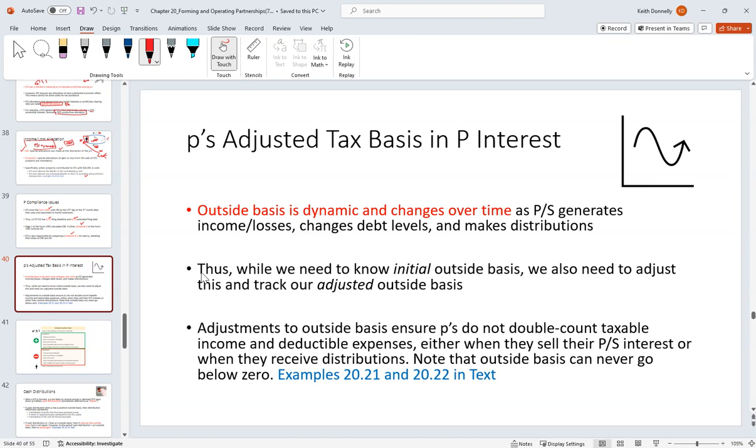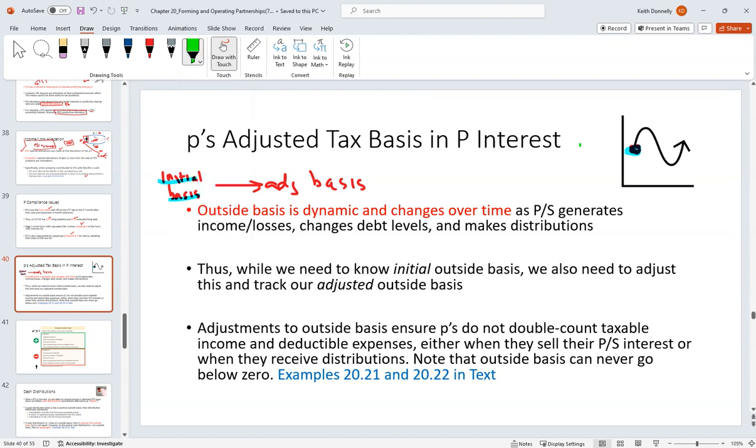All right, so let's talk a little bit about how you go from initial basis to adjusted basis, right? The idea is you start right here. That's your initial basis.